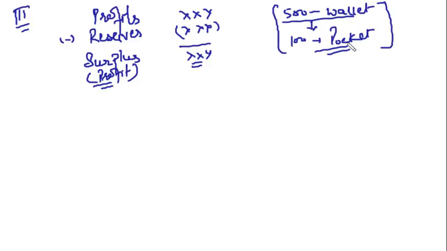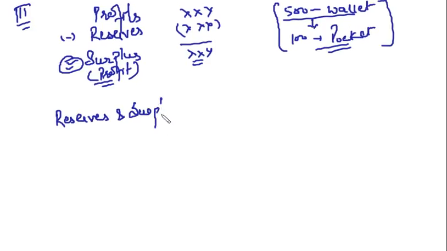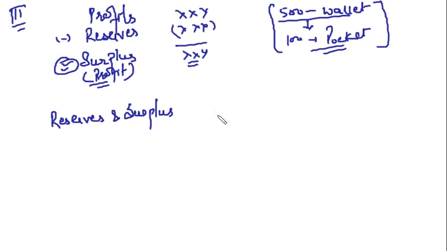The third case is, you will be given reserves and surplus. You will be given this figure, right? What will be given is reserves and surplus, this amount.